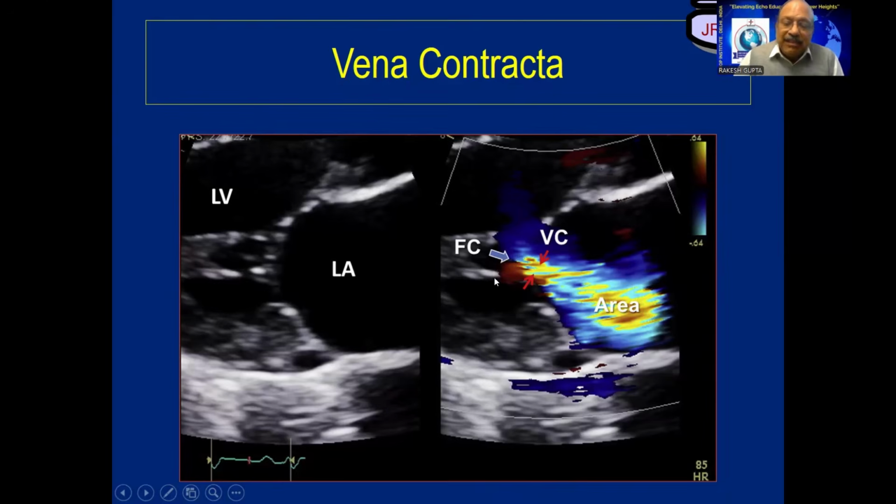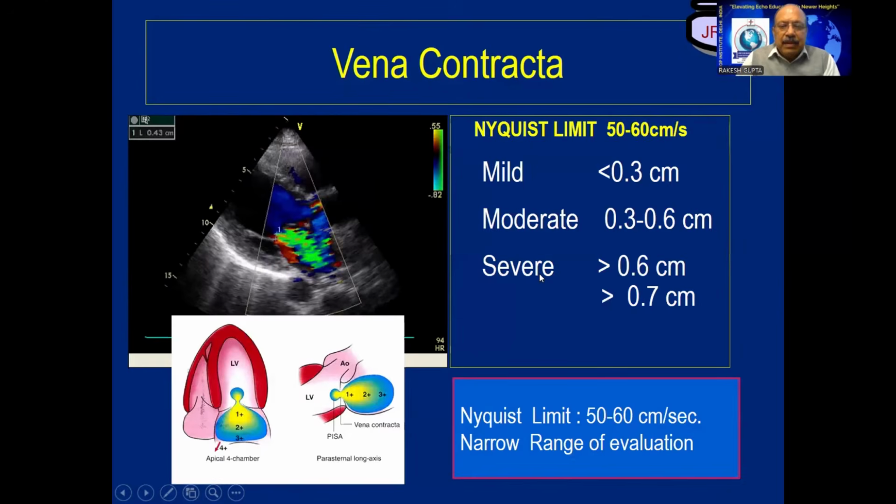The first thing I look at is my LA and LV dimensions, and then I look for the severity of MR by vena contracta. Very simple, 3 and 7. Less than 3 is mild, more than 7 is severe, and in between is moderate. So we looked at jet area, jet area versus LA area, and vena contracta.